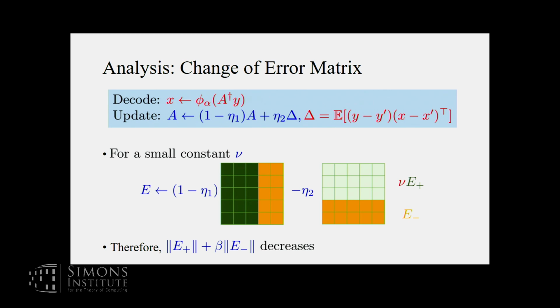So by a weighted combination, you can show that this actually decreases. But if you just use the norm of the arrow matrix as a whole and do not use the weighted combination, it can sometimes increase a little bit. But if you consider this weighted combination, then you can show that it always decreases. So then we get our result.